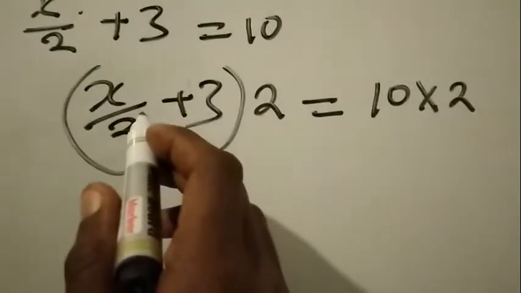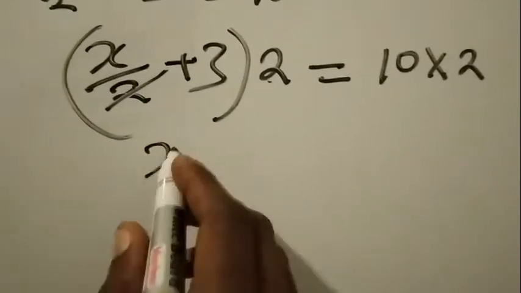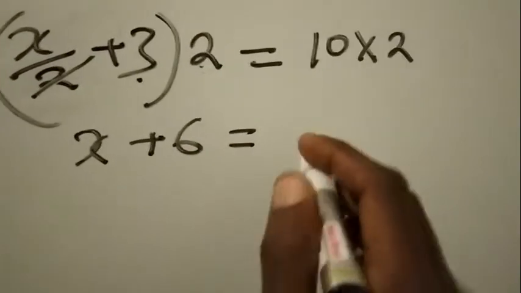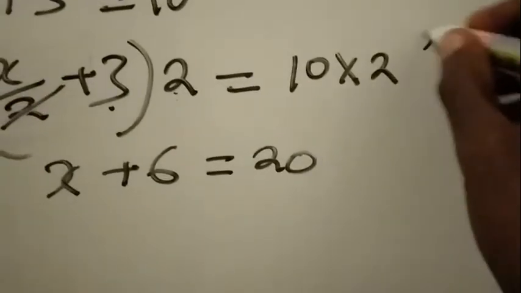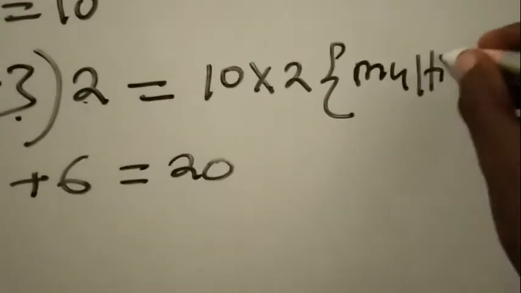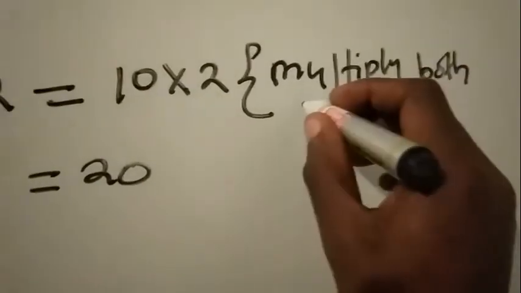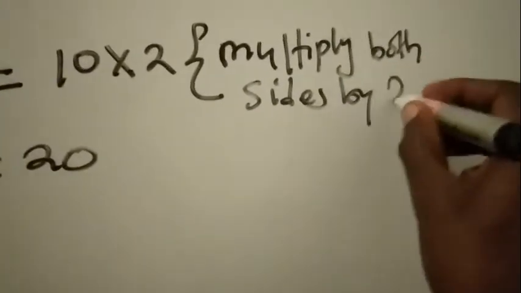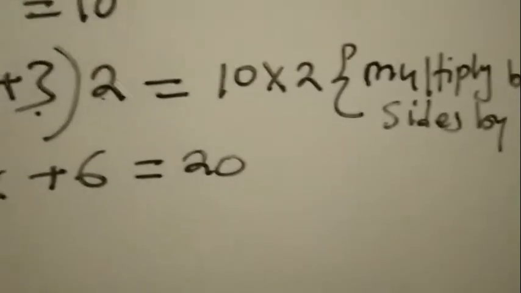So now this times that, the 2 goes, so you remain with x plus this times this, you get 6. This times that, you get 20. Now the idea is to multiply both sides by 2 so that you can remove the fraction.